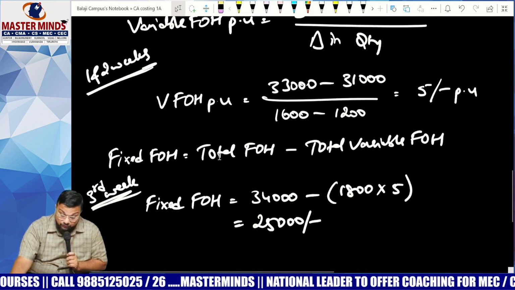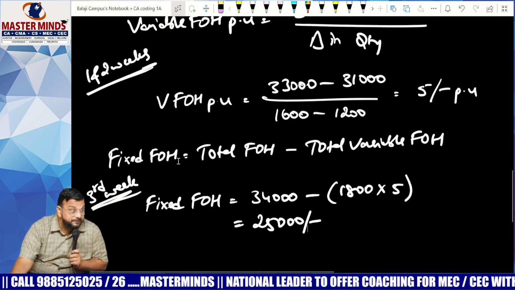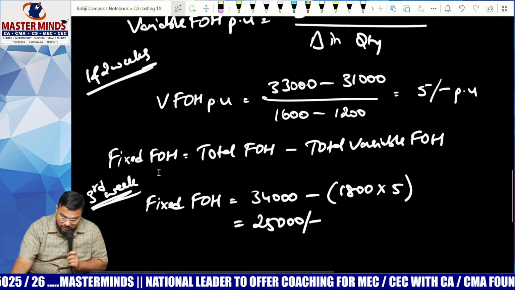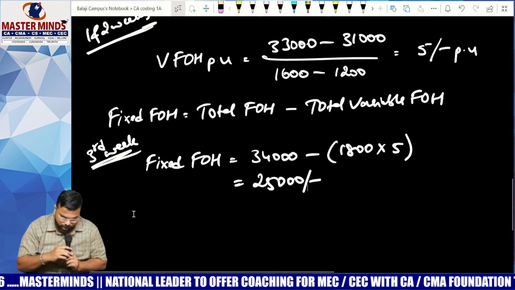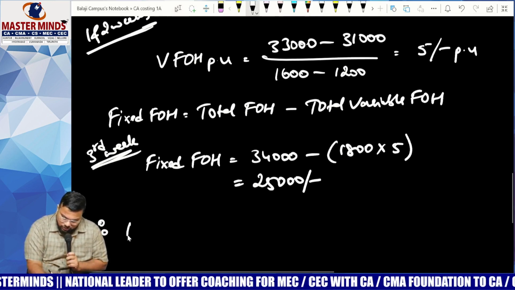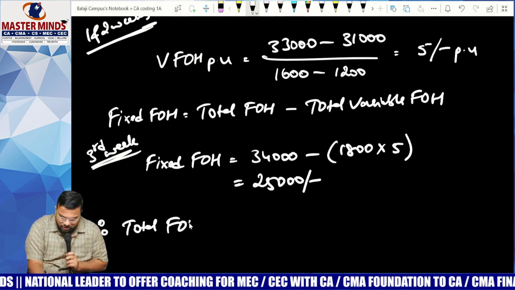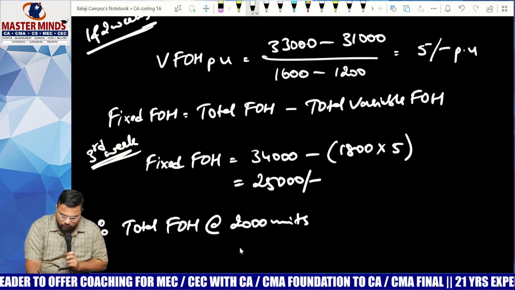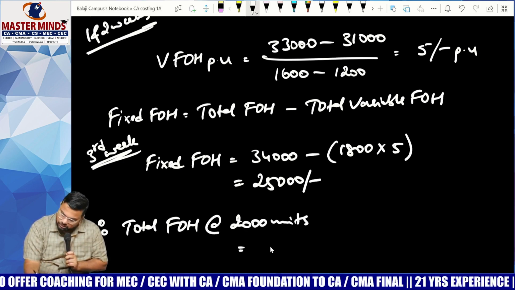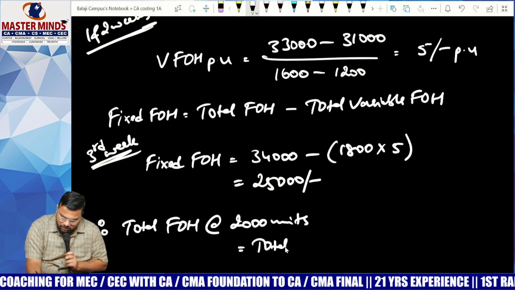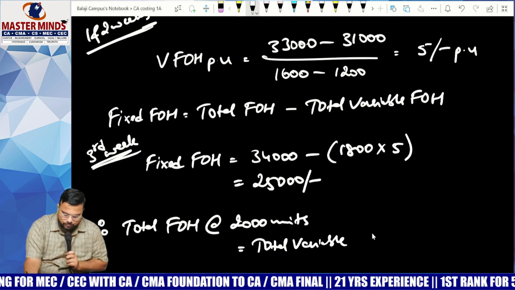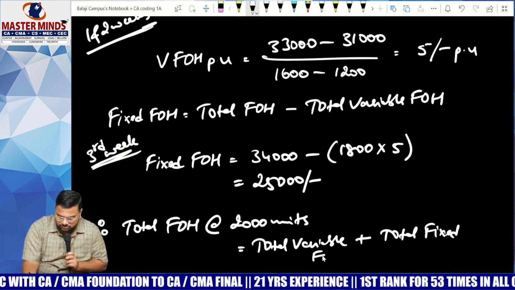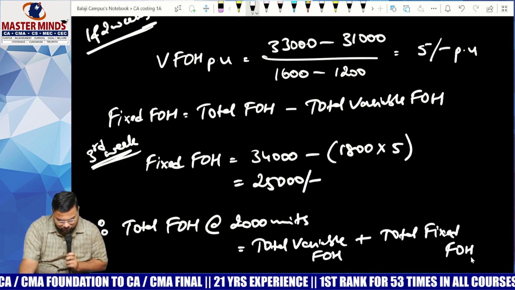Now we need to prepare the cost sheet for how many units? For 2000 units, I will calculate factory overhead straight away here itself. Therefore, total factory overhead at 2000 units equals total variable plus total fixed factory overhead.